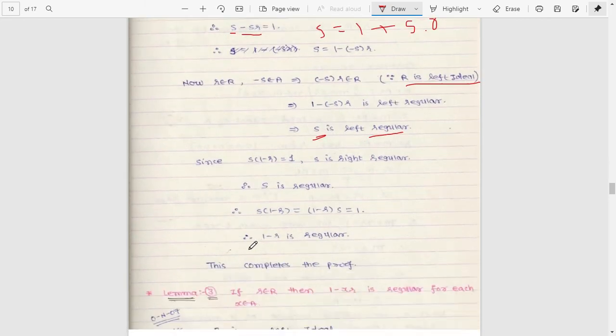Since s into 1 minus r is equal to 1 and s is right regular, so s is regular. So s into 1 minus r is equal to 1 minus r into s is equal to 1. So 1 minus r is regular. This completes the proof.